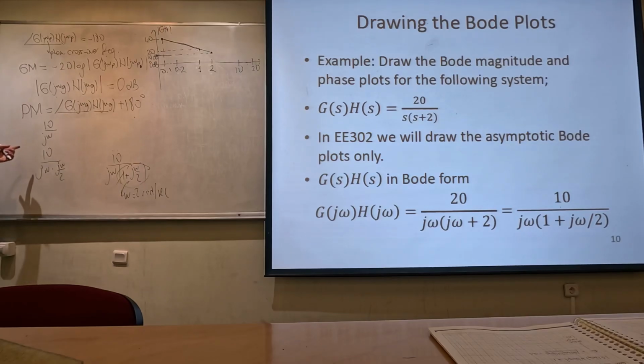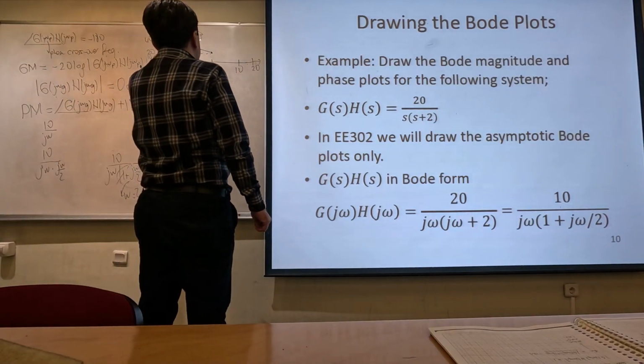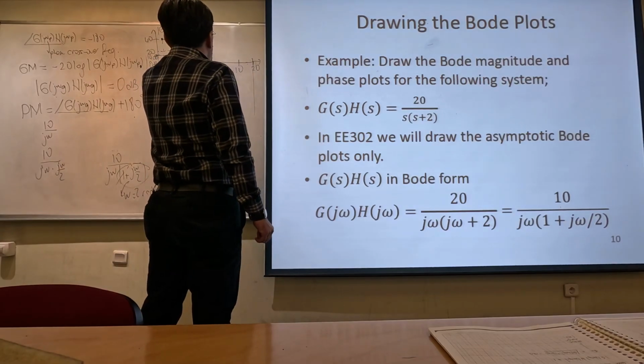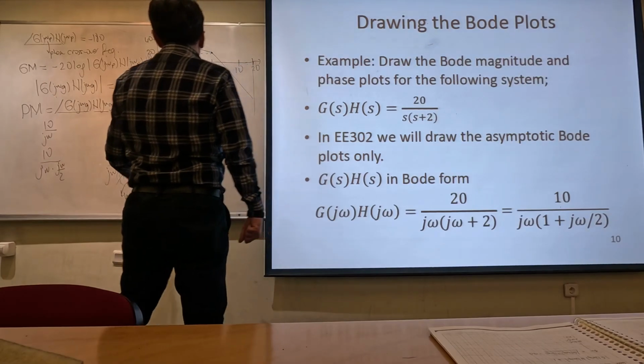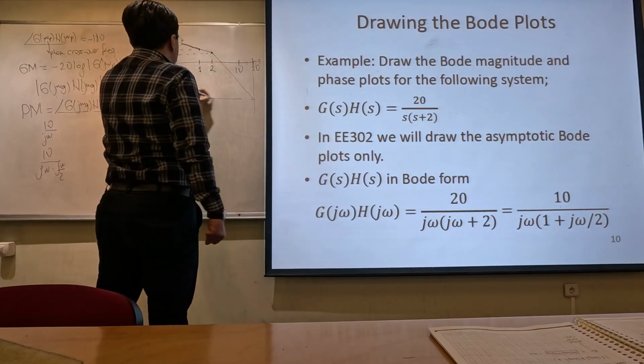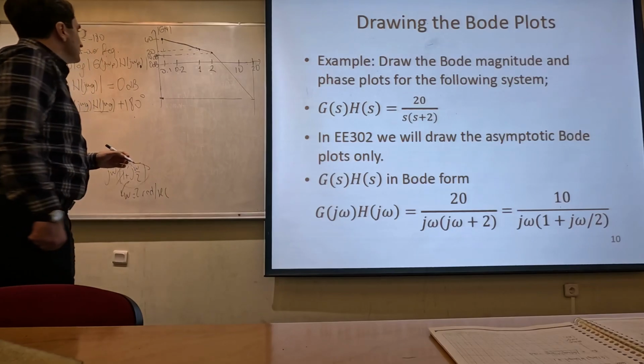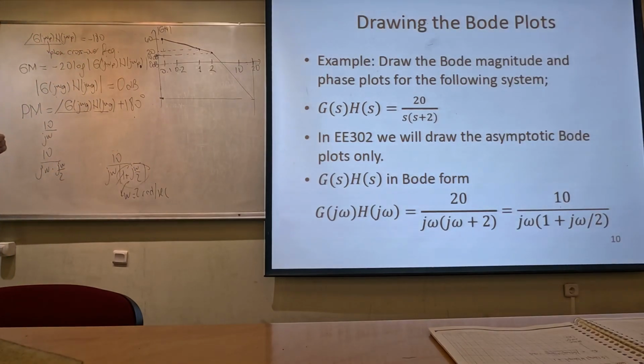In this case, that line would have the slope of what? Minus 40 dB per decade. So from 2 to 20, we are going to get a minus 40 dB per decade line, and that means that around the frequency 20, we are going to be at where? Minus 26.